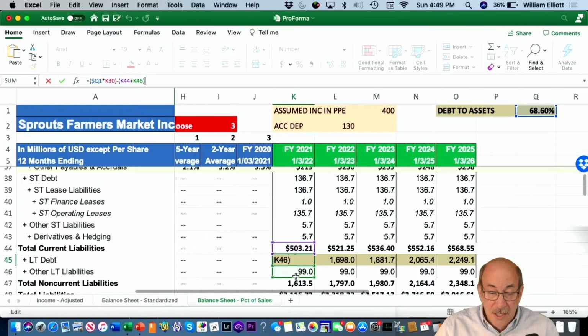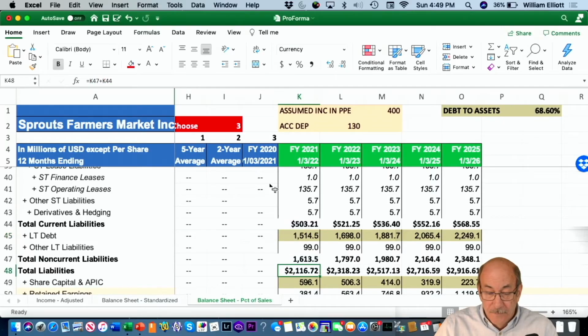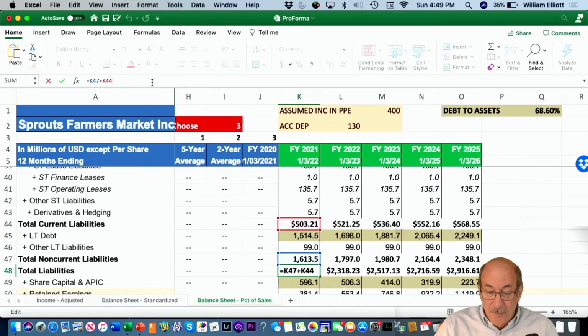So I'm taking 68.6% of that, and then subtracting from that K44, which is total current liabilities, and K46, which is other long-term liabilities. When I add those three together to get my total liabilities down here, I'm going to end up with total liabilities being exactly 68.6% of assets.